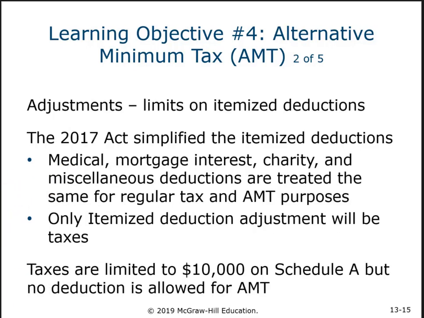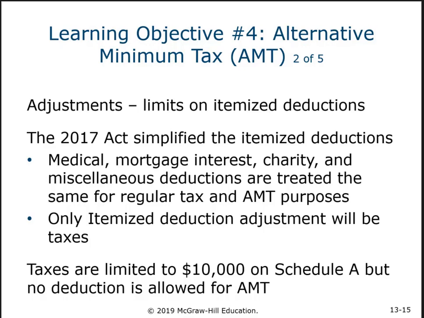So, adjustments. Some of the limits on itemized deductions. It used to be several of these. However, the only one that's left after the 2017 Act is that taxes are limited to $10,000 on Schedule A, but you can't deduct those on your AMT.